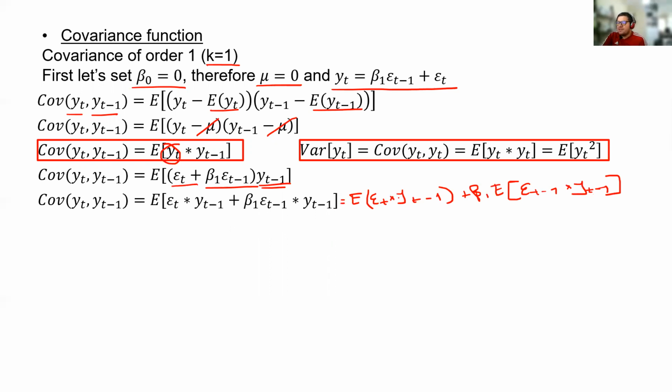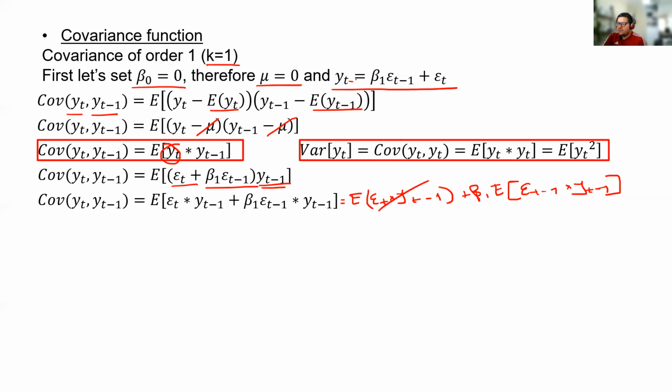Doing the equivalency, this will be equivalent to the covariance between et and yt minus 1. And this will be equal to 0, right? Yt minus 1 will be explained by et minus 2 and et minus 1. So et does not have an effect on yt minus 1, so this term will not matter. But yt minus 1 will be affected by et minus 1, right?